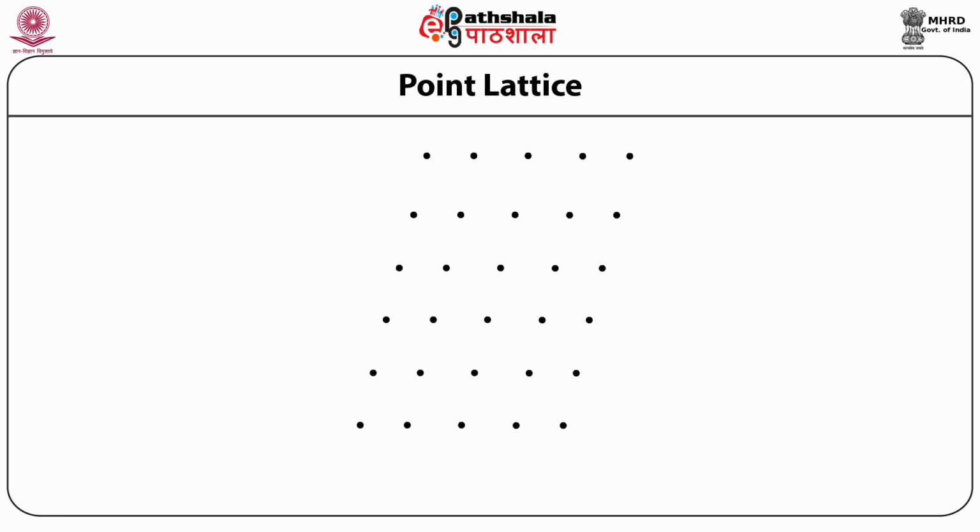This figure shows an example of a point lattice where there is a periodic array of points in space with each point having an identical neighborhood.